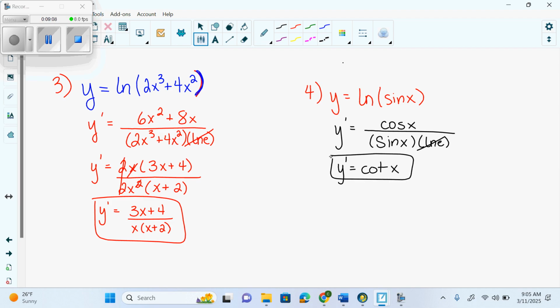Okay. 5. Y equals the square root of ln x. I'll say ln x squared so we get some numbers. Square root of ln x squared. What's your first step always? Change every radical to a what? Yeah, to a half rational exponent.